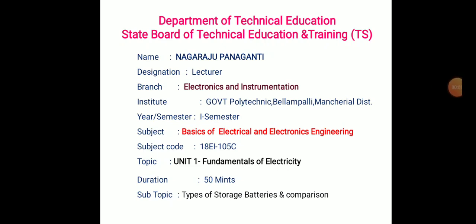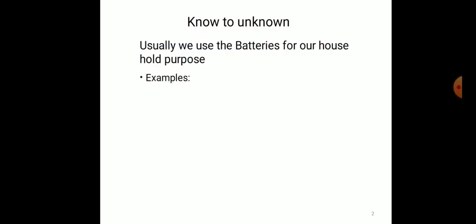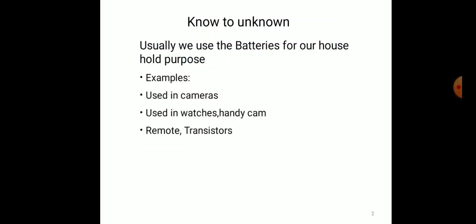Good morning, students. Today we are going to discuss the types of storage batteries and a comparison of batteries. Now we are going to discuss where we are using batteries.